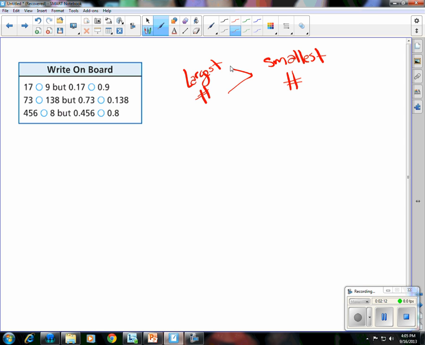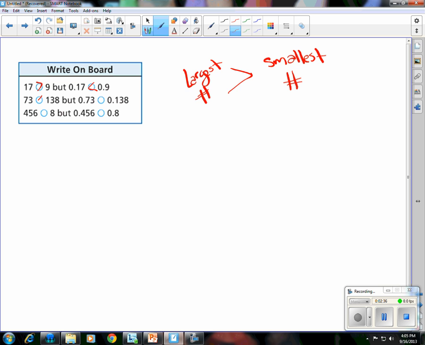Largest number goes to the bigger part of the symbol, smallest number goes to the small part. Okay, so 17 is greater than 9, right? We can all agree on that. But when we look at 17 hundredths and 9/10ths, the 9 is actually bigger because the 9 in the tenths place value is bigger than the 1 in the tenths place value, okay?